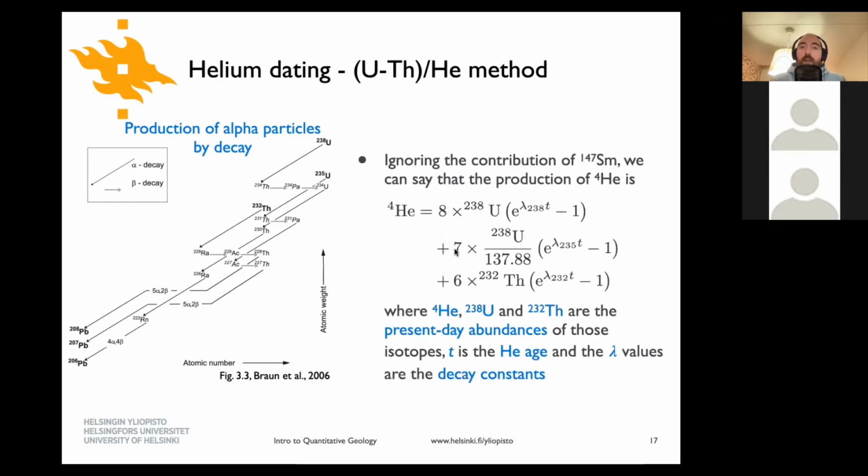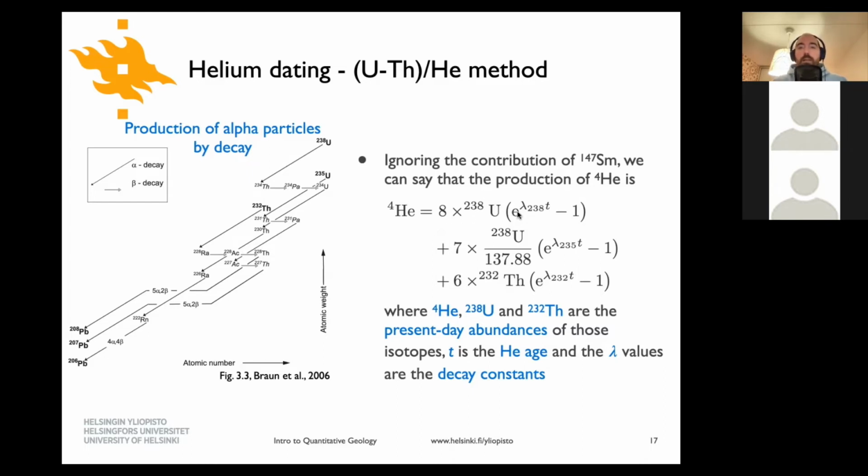And here's the age equation if you wanted to calculate it. You don't necessarily need this, but in case you're curious how the production of helium is calculated, in this case, we know that there's 8 alpha decays, so then we just say 8 times the concentration of uranium-238, and then multiplied by some factor that's related to its decay constants.